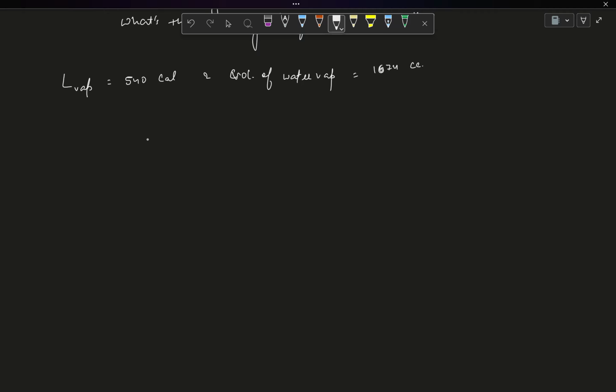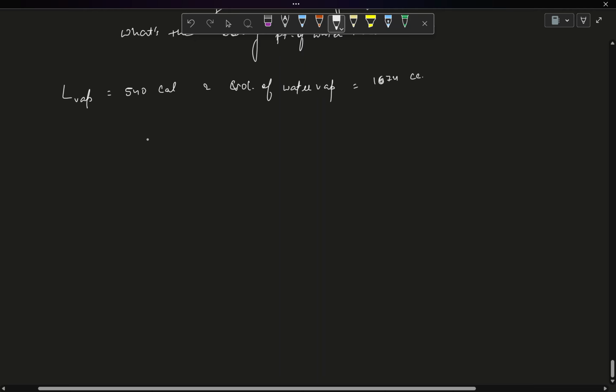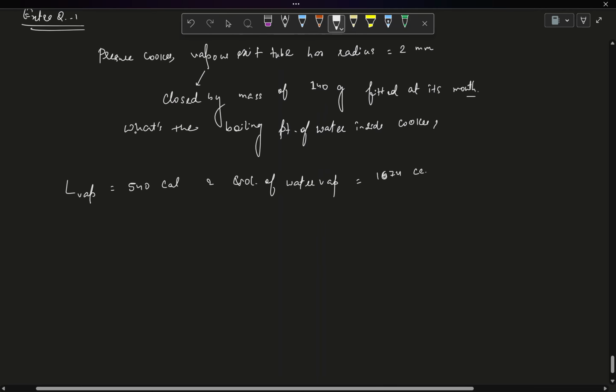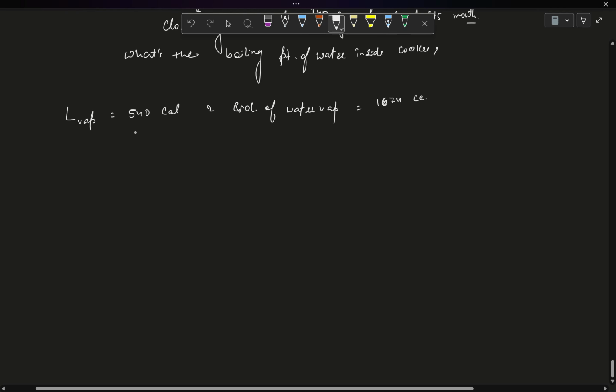So in this case, it is mentioned that there is a 140 gram mass fitted to its mouth, so how much pressure does that create on the mouth of the exit tube?